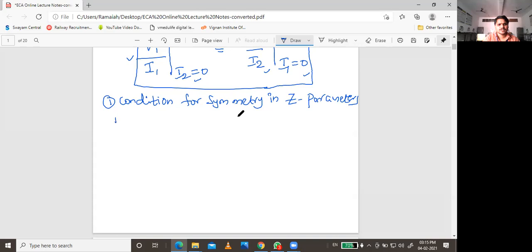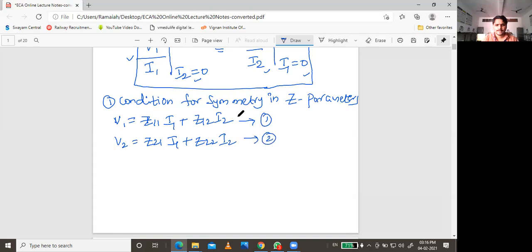What are the Z parameters? V1 equal to Z11 I1 plus Z12 I2 and V2 equal to Z21 I1 plus Z22 I2. Let us say this is equation number 1 and this is equation number 2.